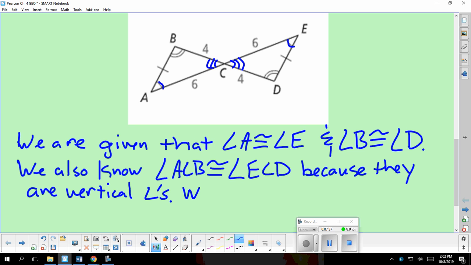We are also given AB is congruent to ED.